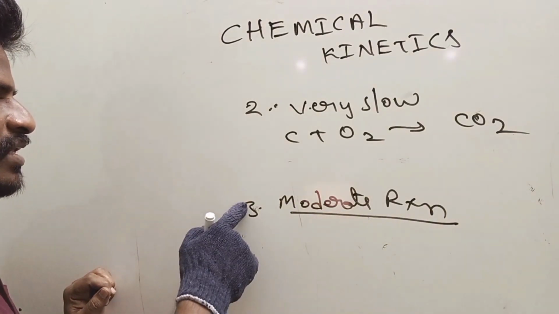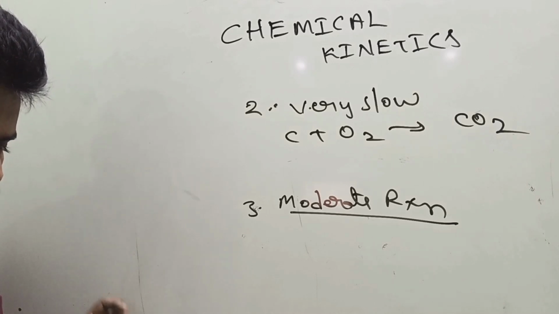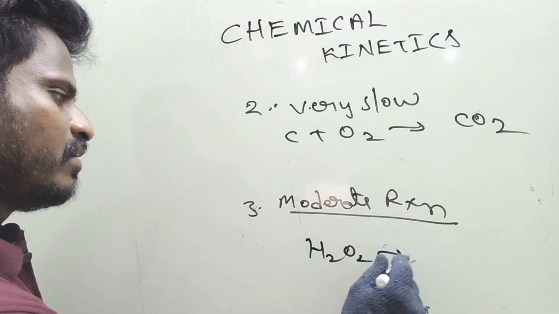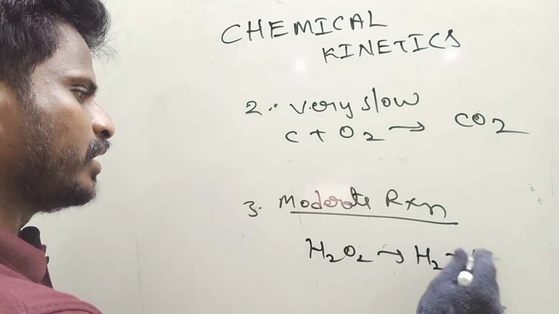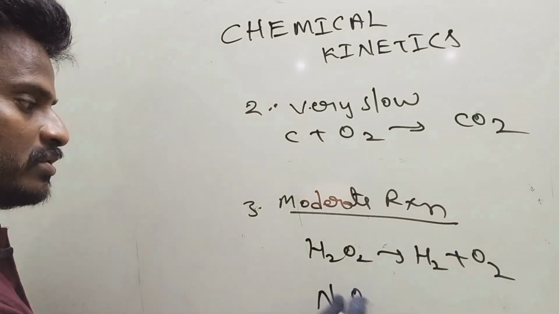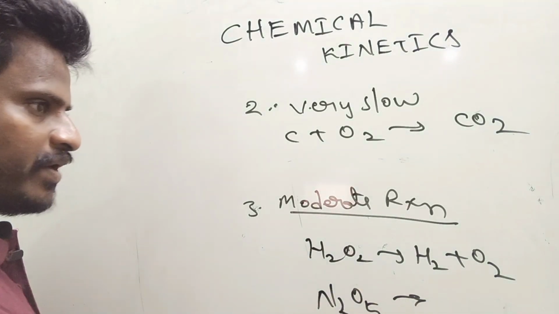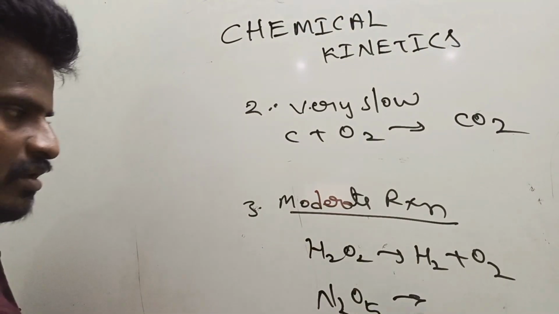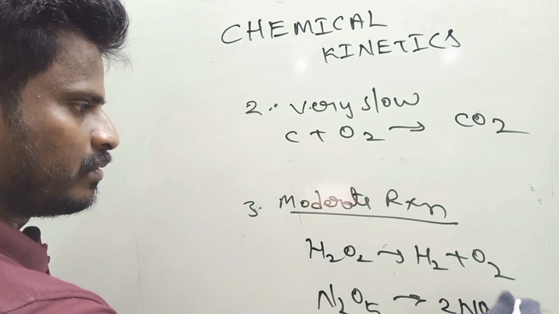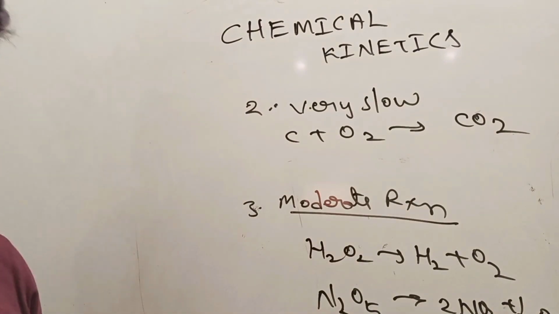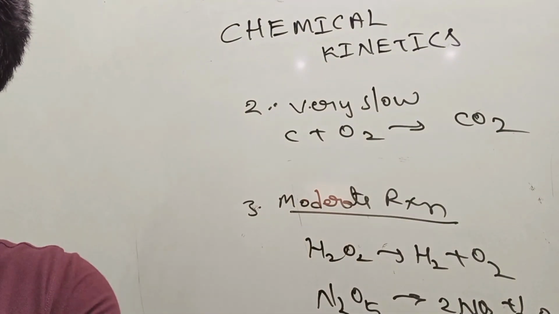For the completion of these reactions, a few minutes are required. That is the decomposition of H2O2 to H2O and O2, and the dissociation of N2O5 to NO2 plus half O2. It is the classification of reactions depending upon the rate.